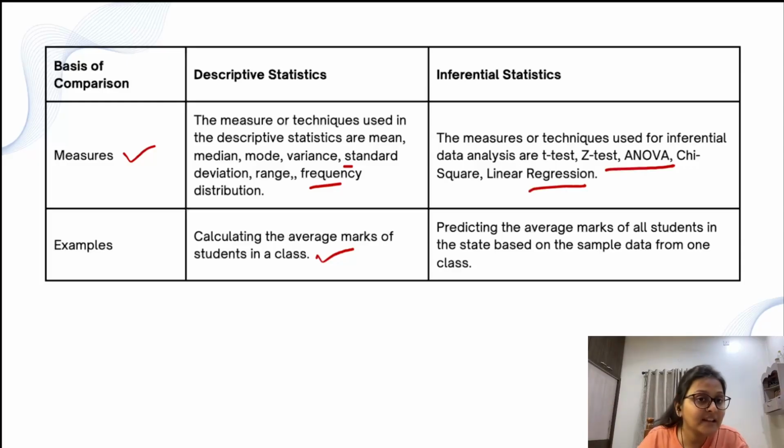We are just calculating the marks of the students of the class. Under inferential statistics, we have predicting the average marks of students in the class based upon the sample that has been drawn from the population, that is the class. Right? This is the major difference between descriptive versus inferential statistics, and that has been covered in detail.